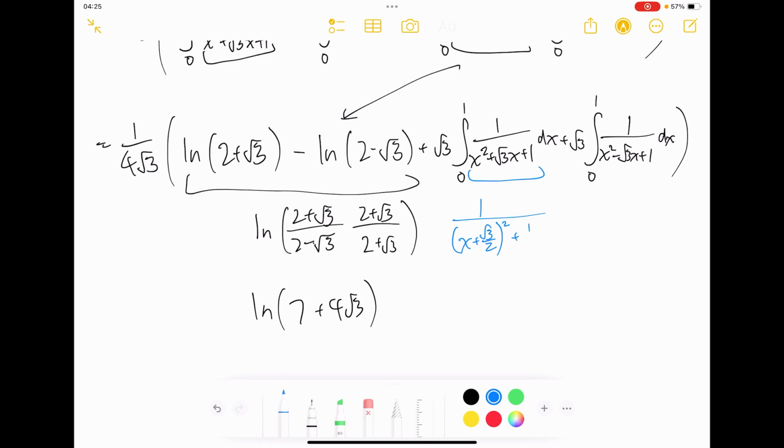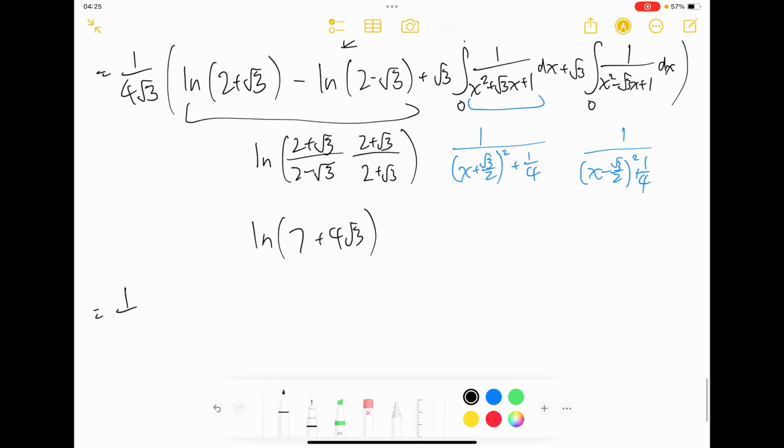So I've got a quarter left. And the same thing here, so x minus root 3 over 2 squared plus a quarter. And integrating that, I'll just write it out. So we've got this factor out front, natural log 7 plus 4 root 3. And then we've got plus root 3. Right, so let's see.